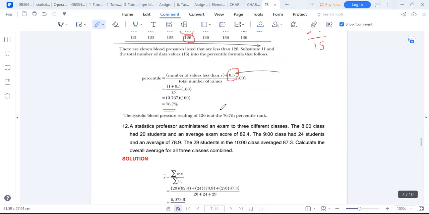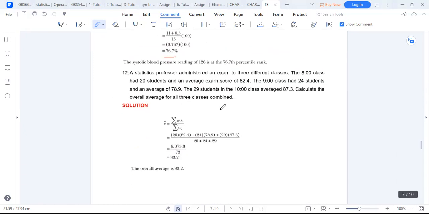Yes. All right. We have question number 4, where we are told that a statistics professor administered an exam to 3 different classes. One had 20 students at 8, so you can have 20 students. The average score, you call it the frequency, was what? 82.4.